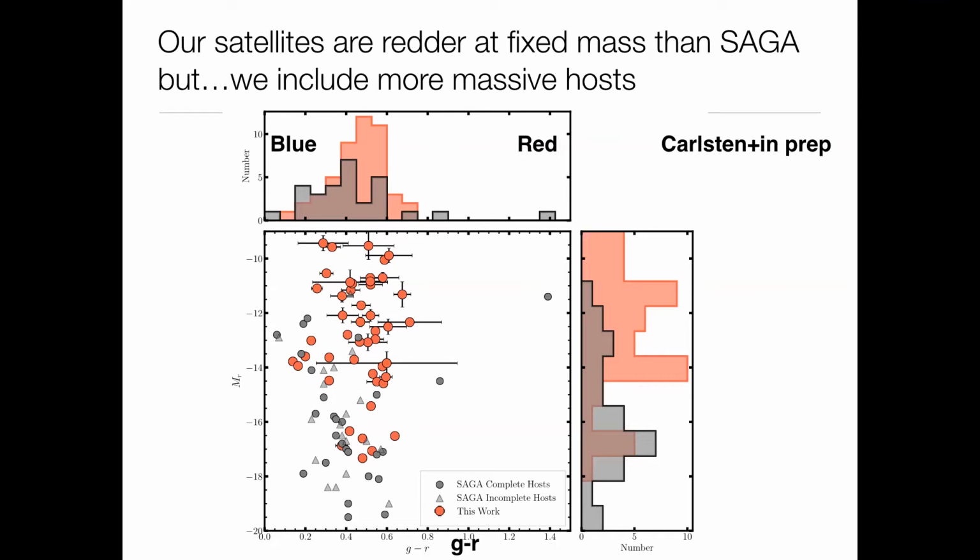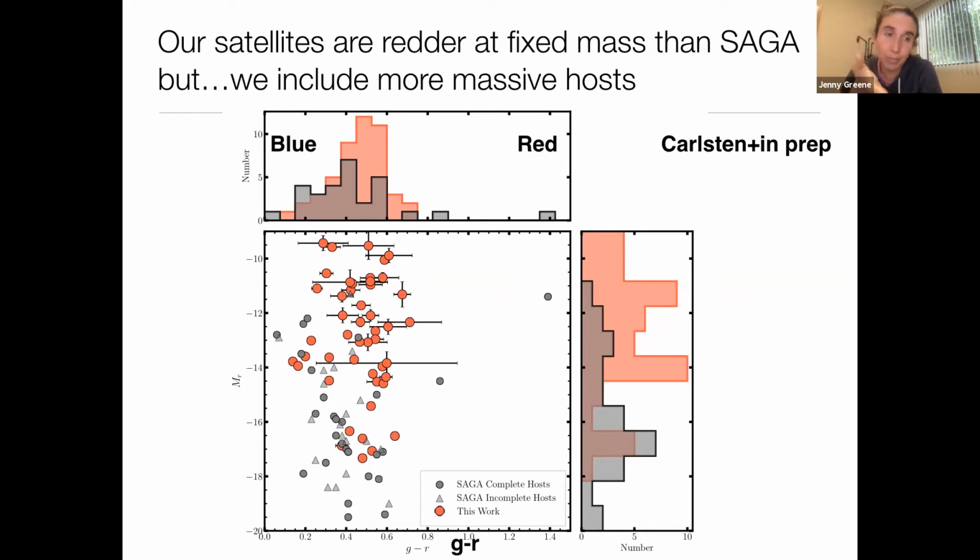Like if you, for whatever reason, happen to have less star forming objects, would you expect them to be closer to the centers of the halo? Are those differences expected to correlate with one another? Not obvious to me that they would.